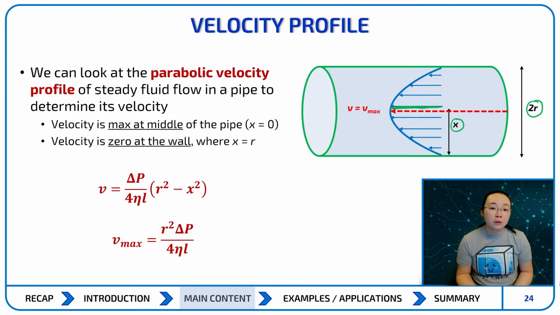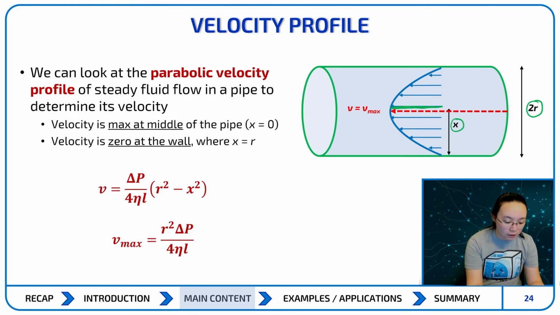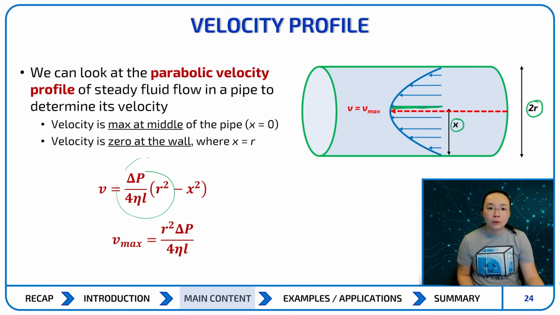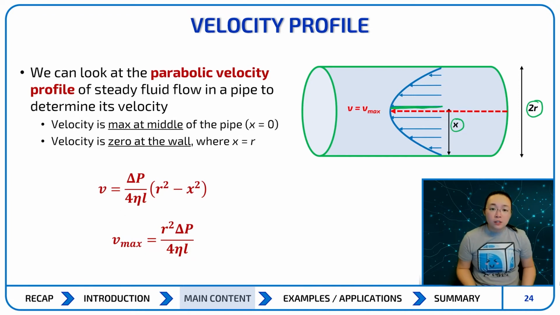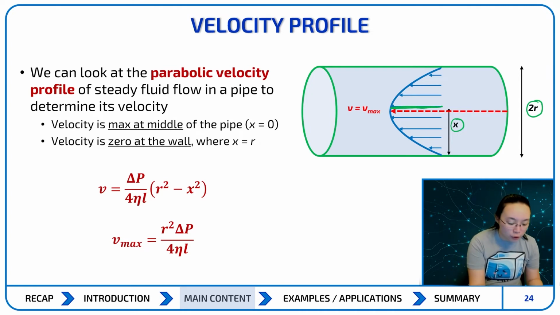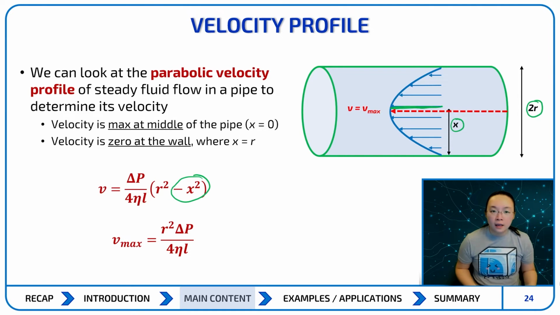If you're 0 away from the central axis, then that term essentially goes to 0, and you just get this as your maximum velocity. So this equation tells us that the farther away we are from the central axis of the tube, the larger this value gets, and the smaller your velocity will be.